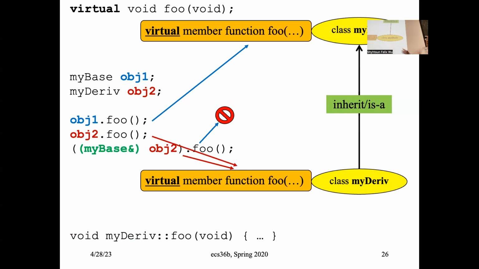Okay, the answer for the first two, if you say object one dot foo, object two dot foo, is going to be the same. It's going to call that one and call that one. By the way, even though I say it's the same, the decision-making process is not necessarily the same. I will actually tell you the difference.